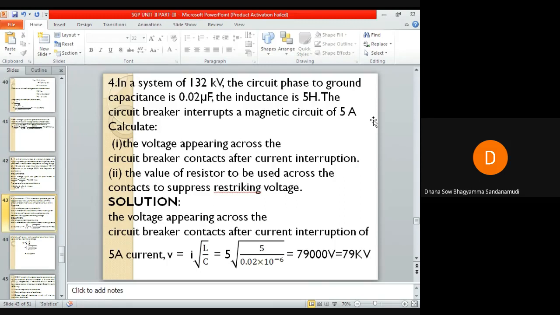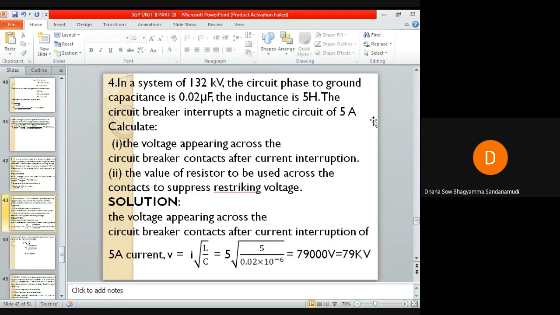Means current will be interrupted within the loop instead of at natural current zero point. Because of chopping, transients occur in the circuit across the circuit breaker contacts. So in order to avoid chopping, a resistance is connected across the circuit breaker contacts. So we have to determine the value of the resistance that is to be connected across the circuit breaker contacts, and determine the voltage across the contacts after current interruption.